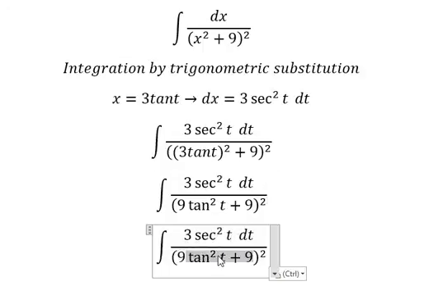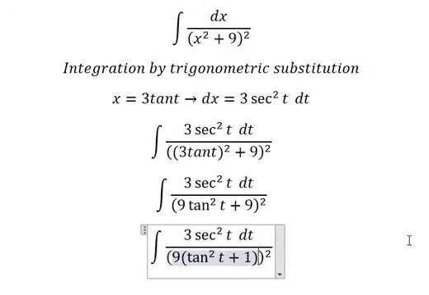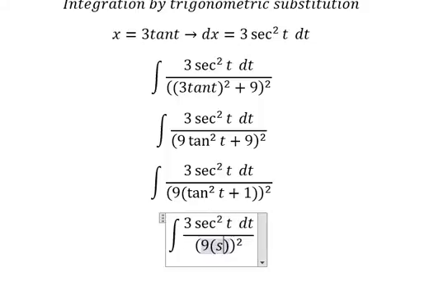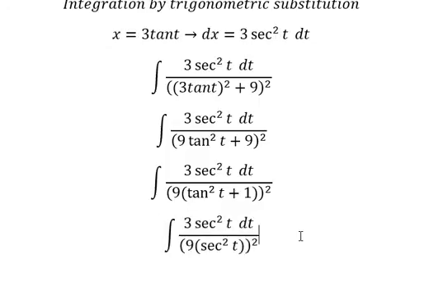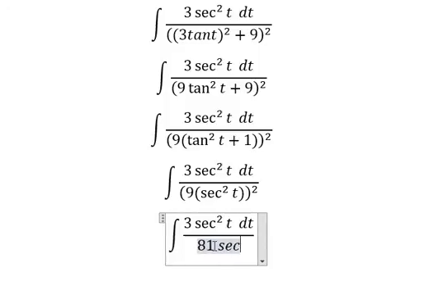We can do factorization. So tan t square plus 1 we change by secant of t square. So we have the power 2 in here. This one we have 81 secant of t to the power of 4.